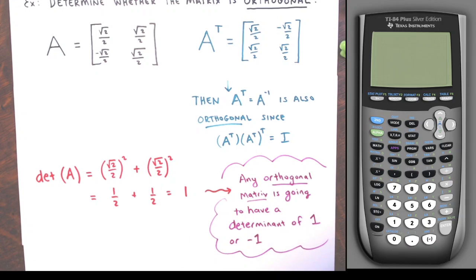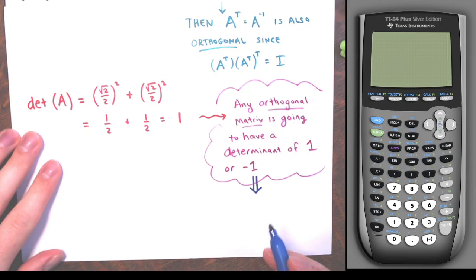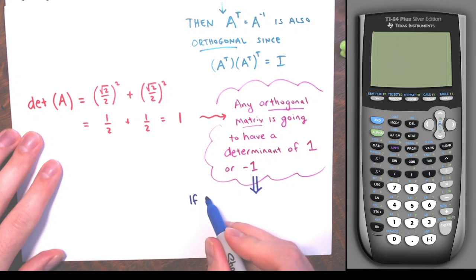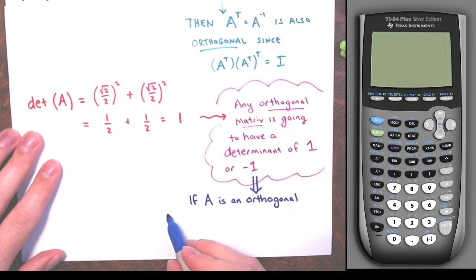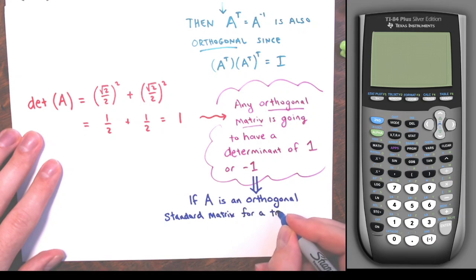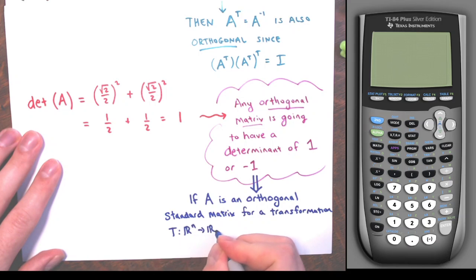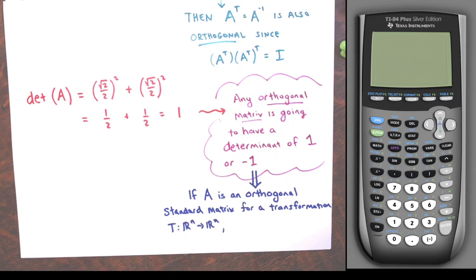This tells us something very important about linear transformations. If A is an orthogonal standard matrix for some linear transformation, or a linear operator, because it's a square matrix, say T from Rn to Rn, then that transformation is what they call an isometry, meaning it'll preserve angles and norms.